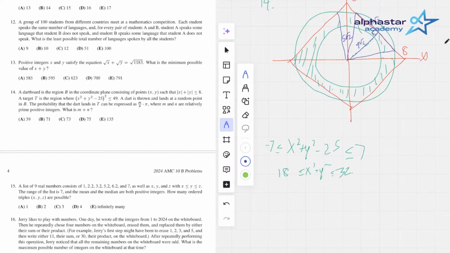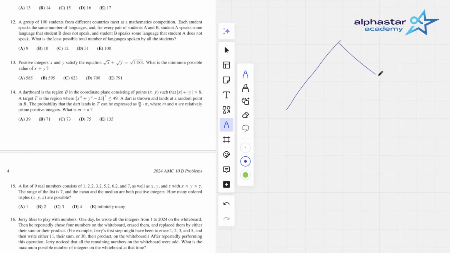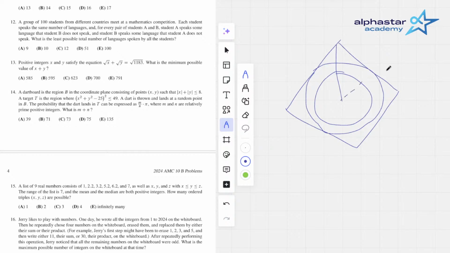Could be 32. Oh. Why would I say 5 root 2? Sorry, let me fix that. It looks like this. Okay, and then this is 4 root 2. This is 3 root 2.